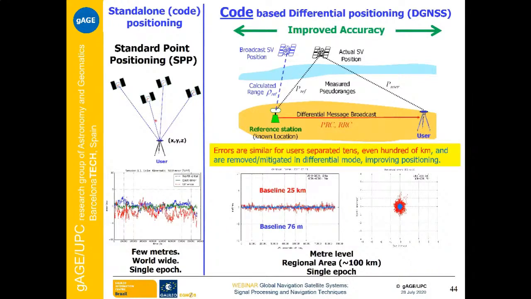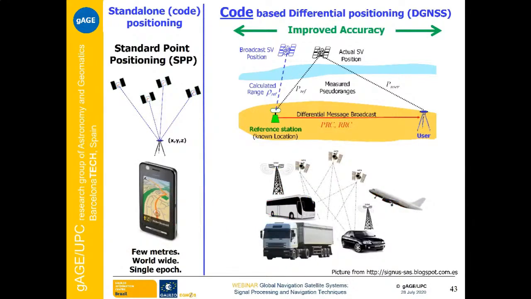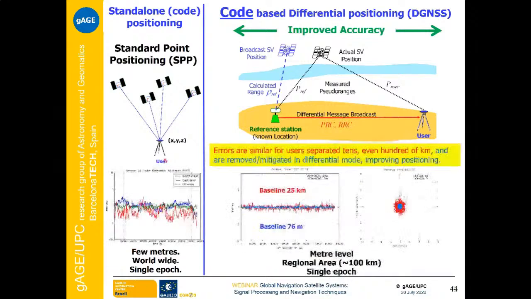In standard positioning, the standalone positioning that we can achieve using our mobile, we get accuracy at the level of a few meters, but worldwide, there is no restriction in the baseline, in single epoch. Each epoch, we can compute an independent solution.